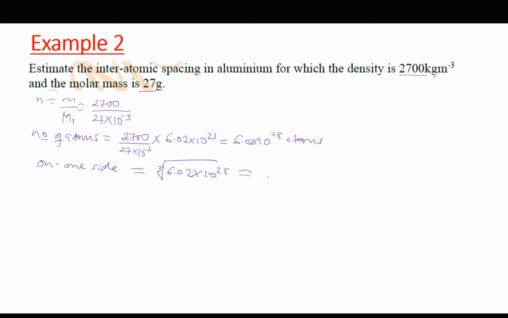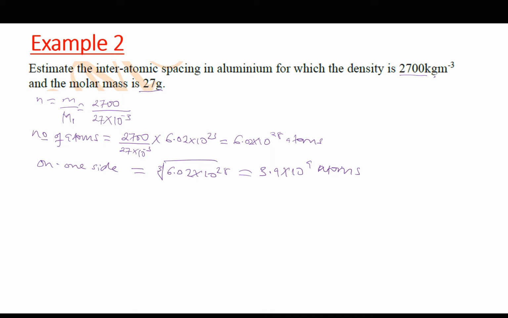And when you press your calculator, this is approximately 3.9 times 10 power 9 atoms. On one side of the cube, we approximately find that the number of atoms is approximately 3.9 times 10 power 9 atoms.